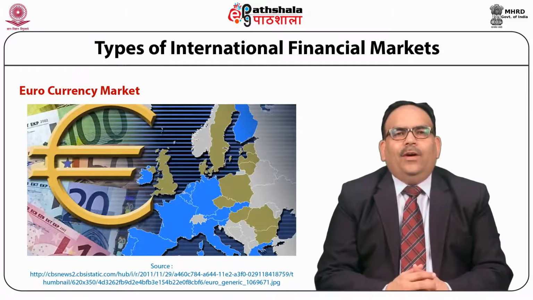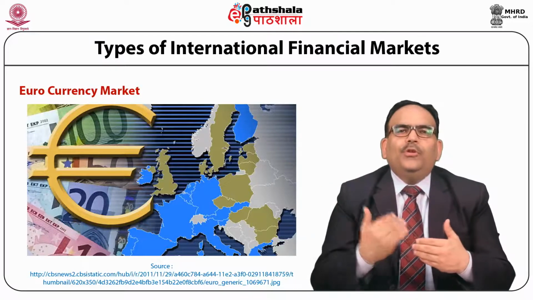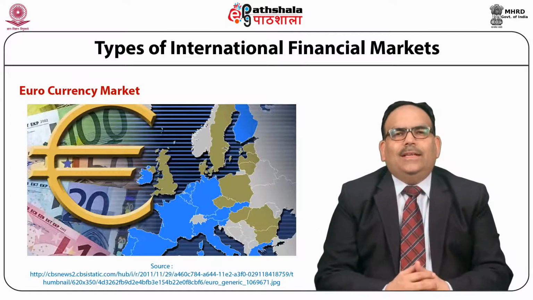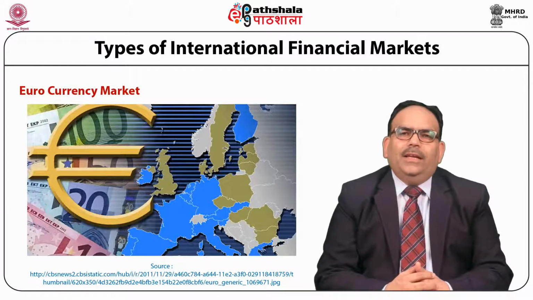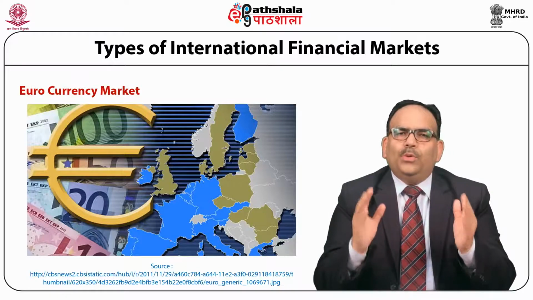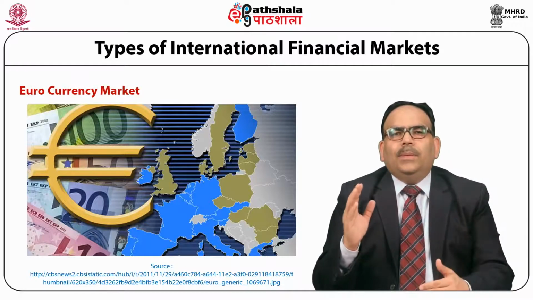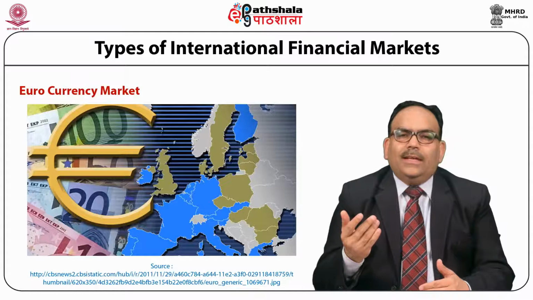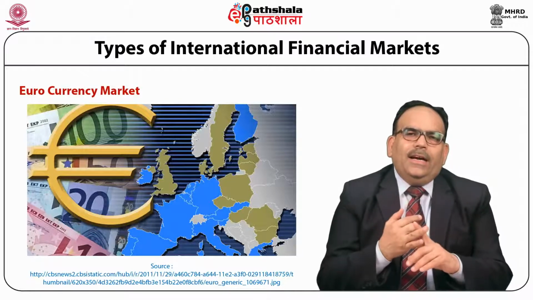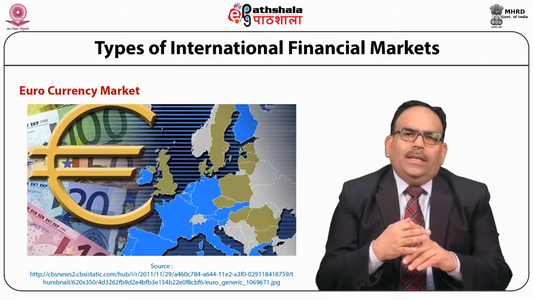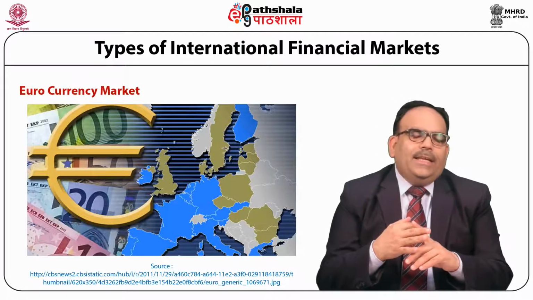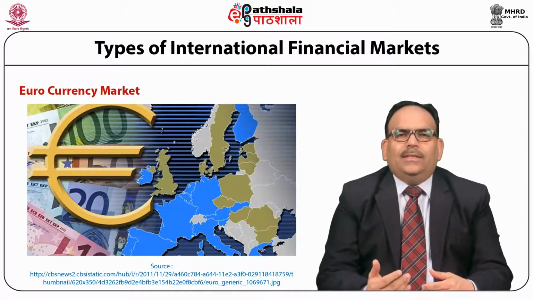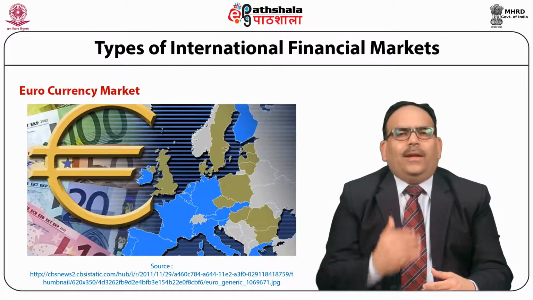Euro banking involves attracting funds from non-residents and making loans to other non-residents. Initially, it was confined only to dollar deposits and loans, but now it has taken many shapes, that is GDRs, ADRs, FRNs, EMTNs, FRCDs, ECPs, EBs, and many other instruments used in the international markets.